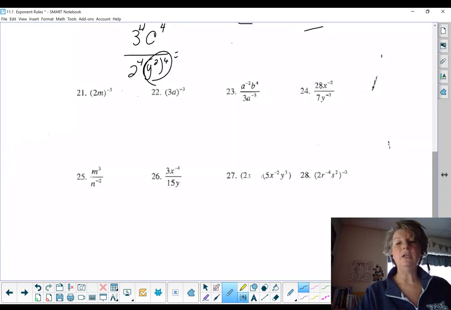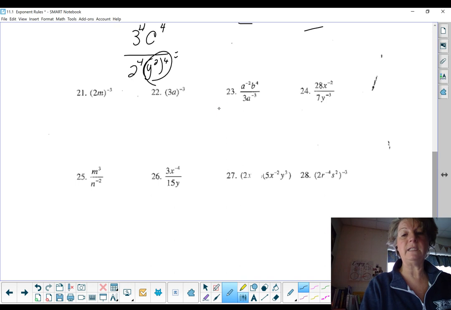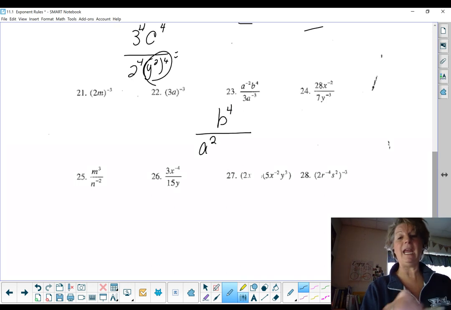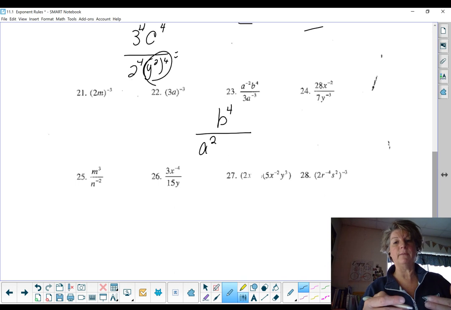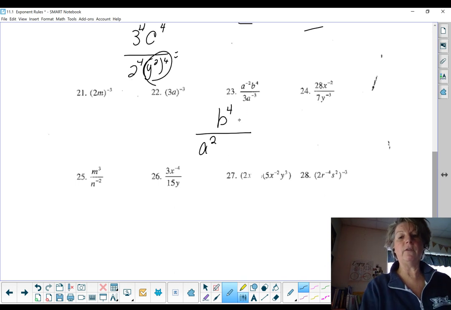23, 24 look a little fun. I tend to be a person that moves things right away. If I see a negative exponent, I'm moving it. So that 8 to the negative second is going to drop to the bottom for me. The 8 to the negative third from the bottom is going to move to the top. I wish I would have written it in front, but that's good enough. And the 3 stays put.